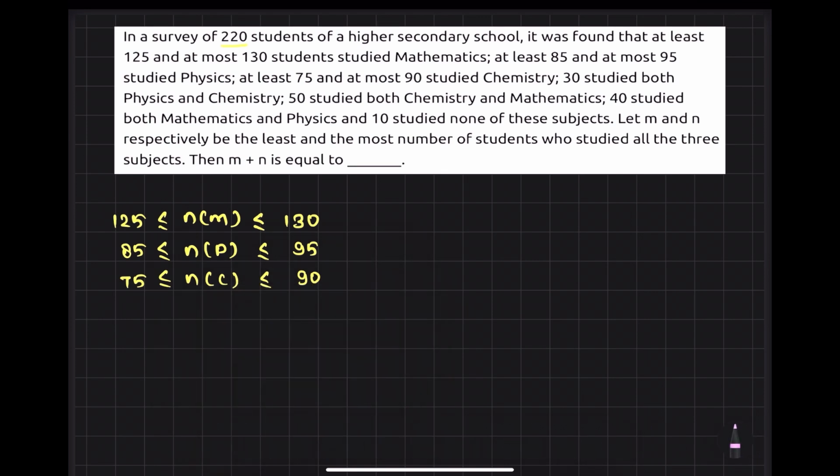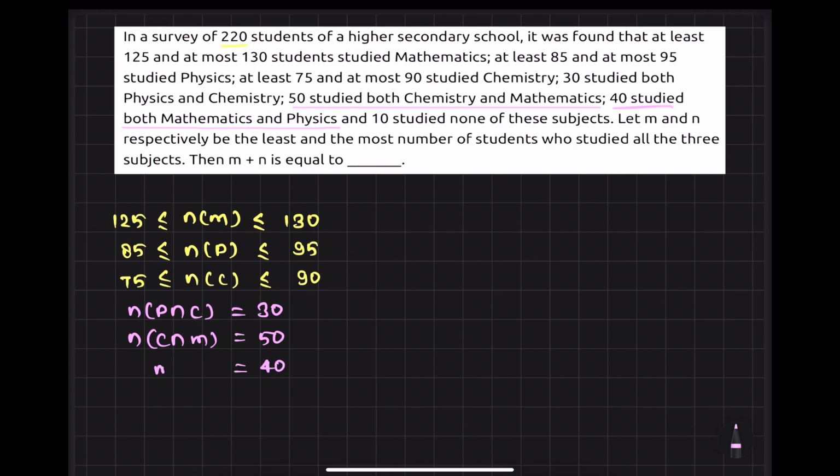Now we have 30 who studied both physics and chemistry, so n of physics intersection chemistry is 30. Then 50 studied both chemistry and mathematics, and 40 studied both maths and physics.